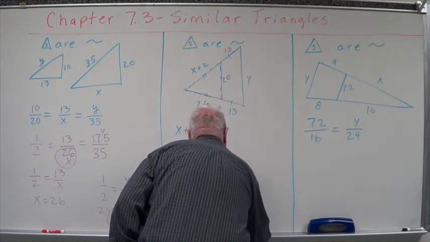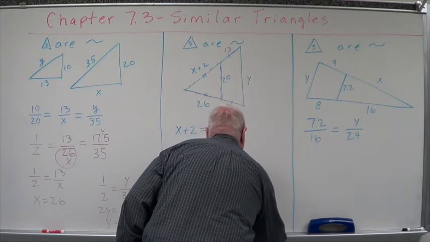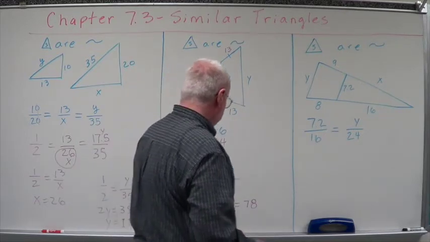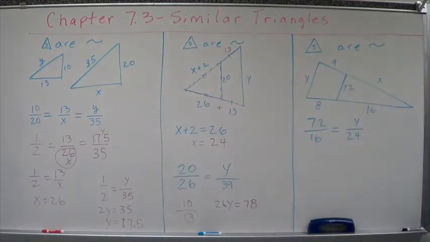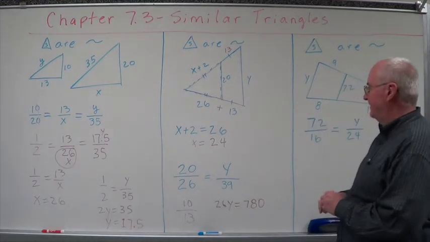We'd have 26y equals 78. Okay? If we take, not 26y equals, equals 780. I'm sorry, 780.